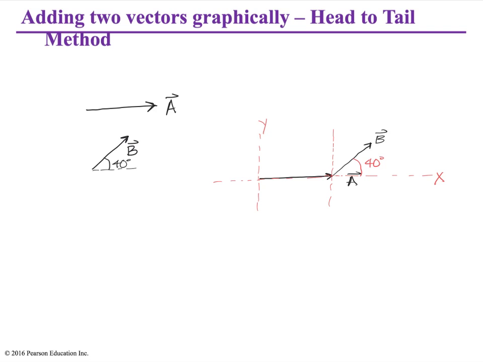Now these are just two vectors, and so when I draw them, then the sum of them, A plus B, equals, let's call that vector C. The way that I find the sum of them is I go from the tail of the first vector all the way to the head of the last vector, and this vector ends up being the sum of the two. And that is what we call the head to tail method.